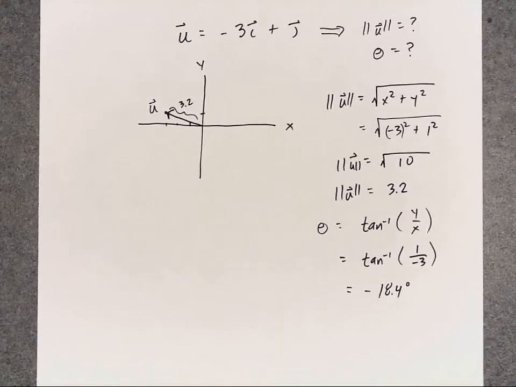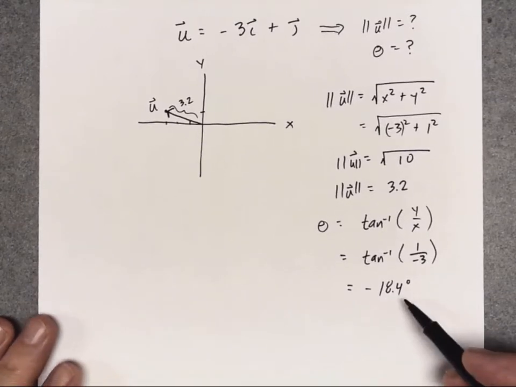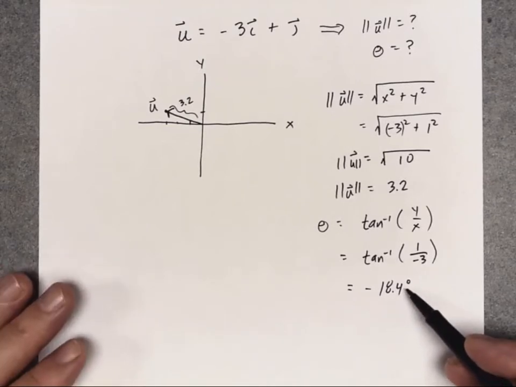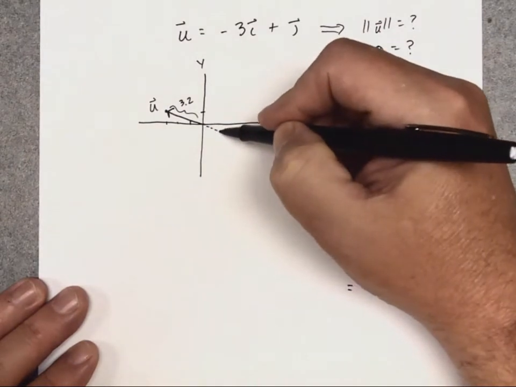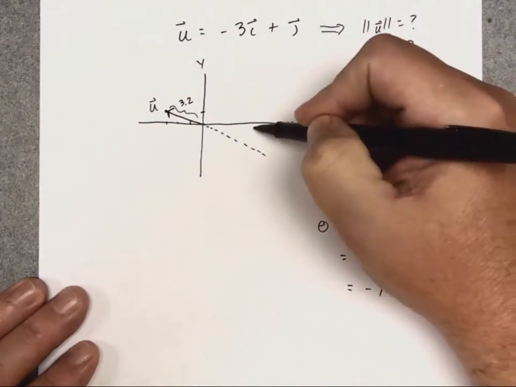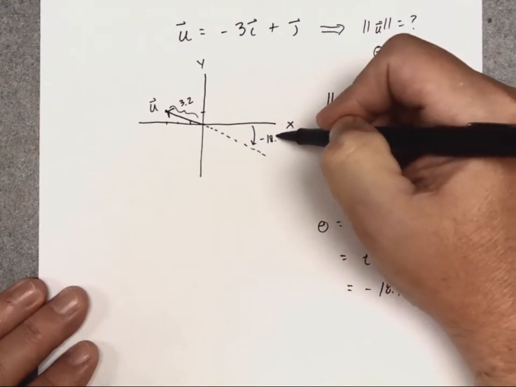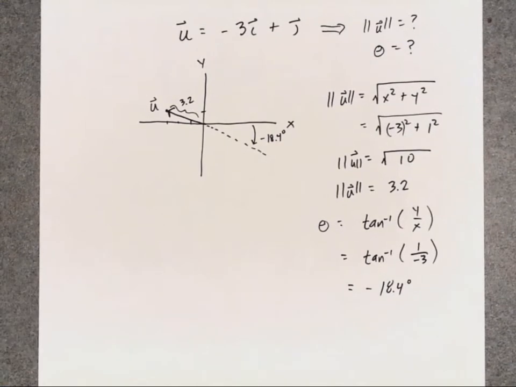Now this is why I strongly encourage you to always draw a graph when you're trying to do these vector kinds of problems. If you just blindly gave this as your answer, it would be wrong. Where is the angle of negative 18.4? I think negative 18.4 is right about there someplace.